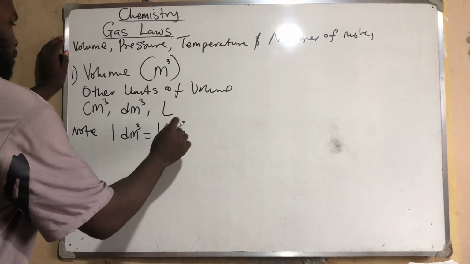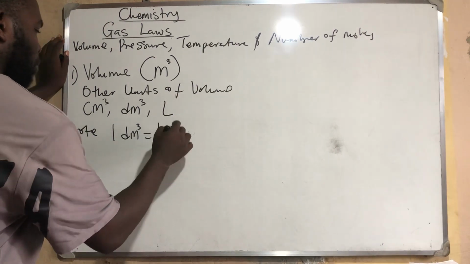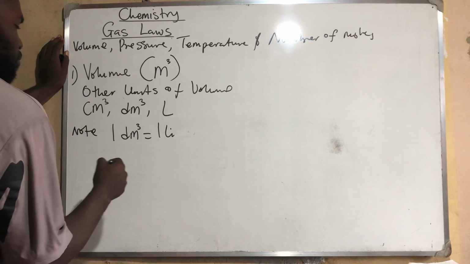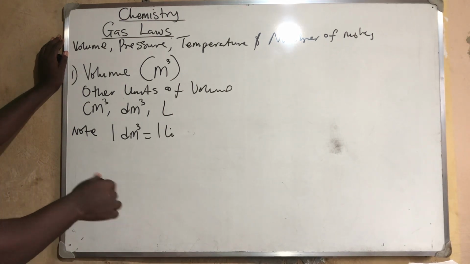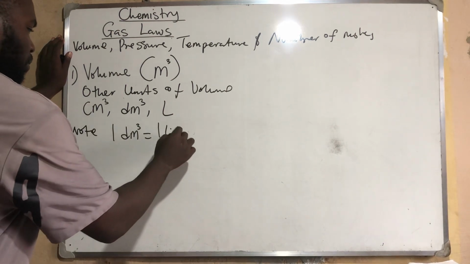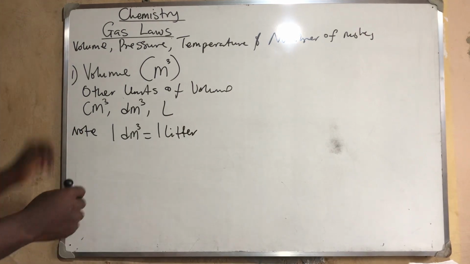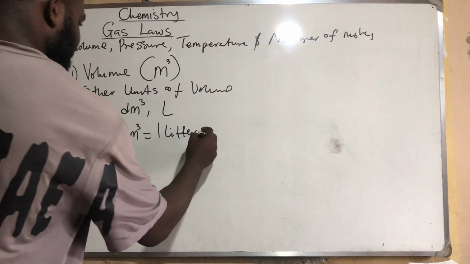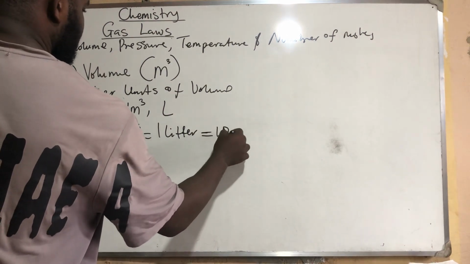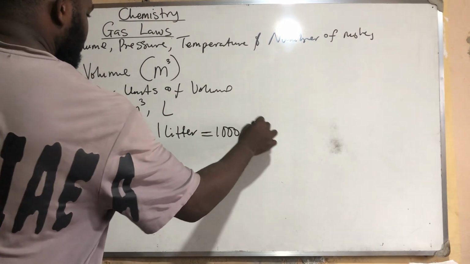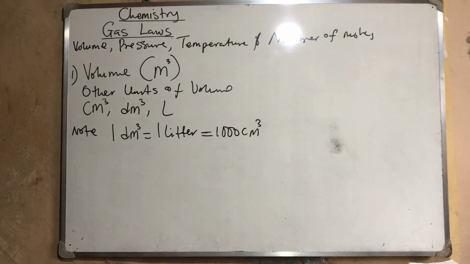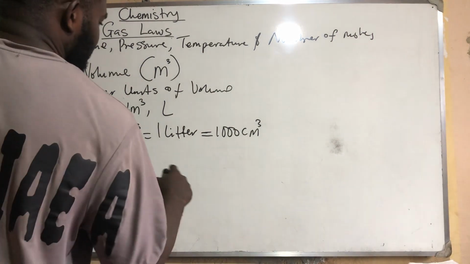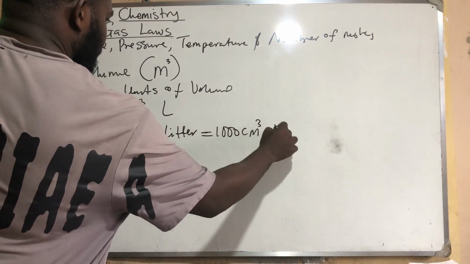So if you want to buy fuel, you can ask for 1 dm cube instead of 1 liter. If you want 10 liters, ask for 10 dm cube. So 1 dm cube is equal to 1 liter, and it's the same thing as 1000 cm cube, or 1000 milliliter.